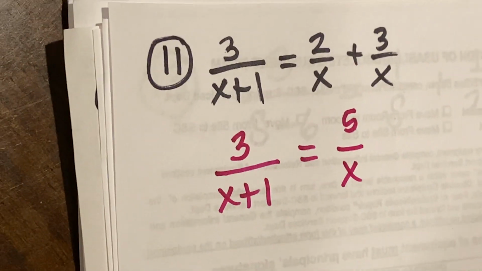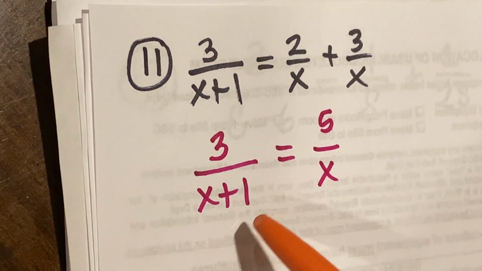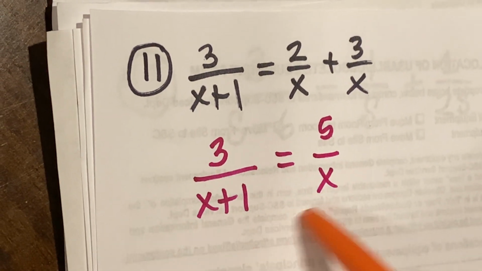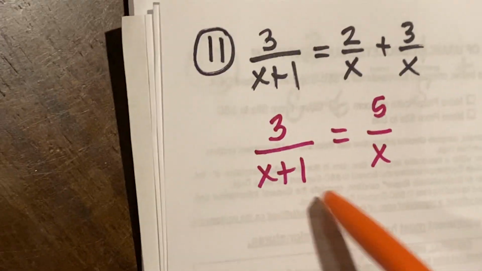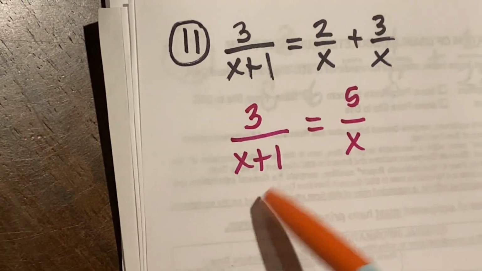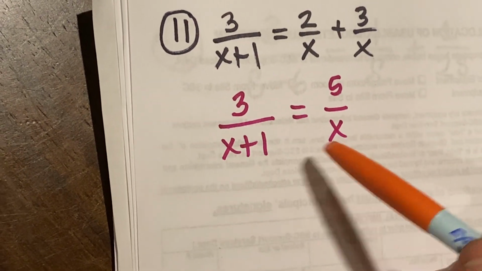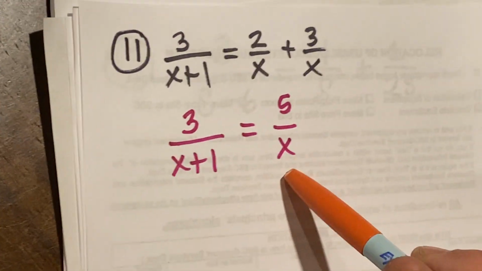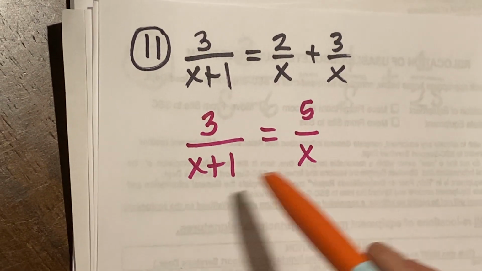Now, the next thing you would do, which you do at all stages, whenever it's a fraction equal a fraction, it's possible to multiply by the least common multiple of the denominators. That's what we usually do. Now, x and x plus 1 don't have anything in common. They don't have an x, because x and x plus 1 don't divide nicely into each other.